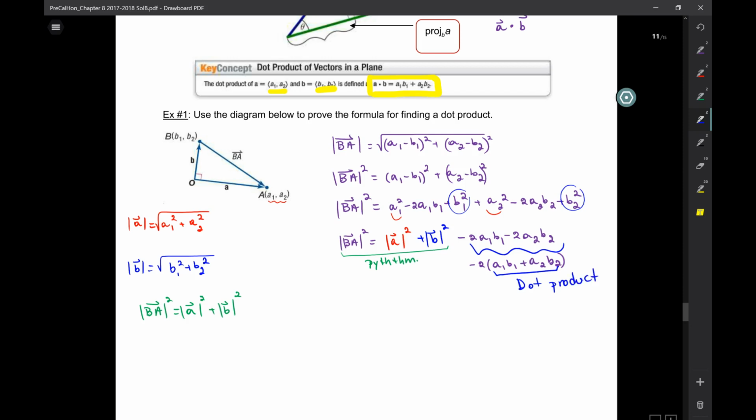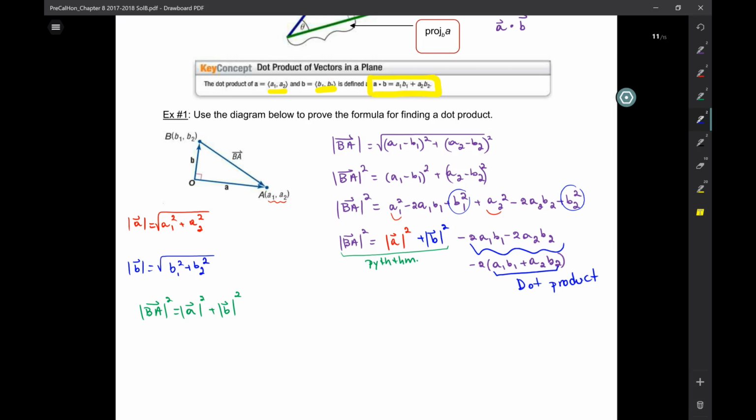This is the remnant of A and B. So if A and B were not at 90 degrees, and if they were angled a little bit differently, then we would have had to adjust this, right?